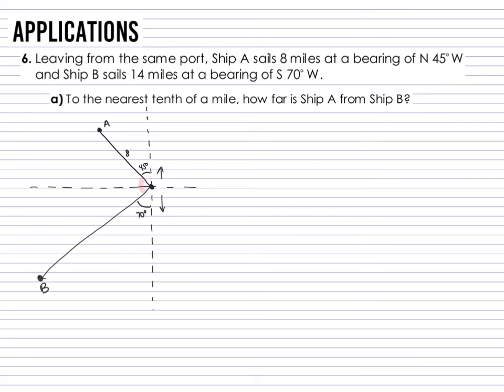Or you can relate both the 45 and the 70 to their 90-degree counterparts, which is here and here, and solve for them separately. Either way is fine, but if you do it that way, you've got that this angle is 45, you've got that this angle is 20 degrees, which means that this whole angle, which is actually what we need, is 65 degrees.